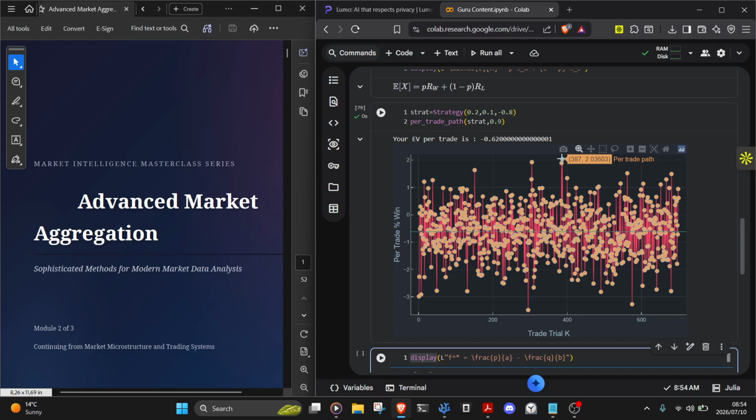And the point here is, gurus will cherry pick strategies, right? They might pick these positive return per trade strategies, right? They just pick strategies where they win, but they never actually show you their losses, or if they do show you their losses, they don't calculate their EV per trade, right?